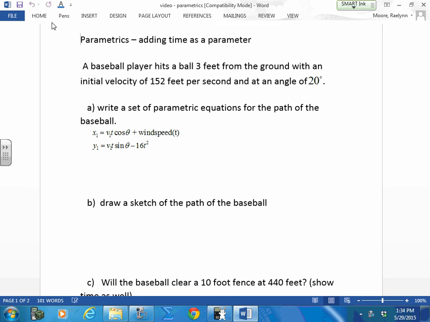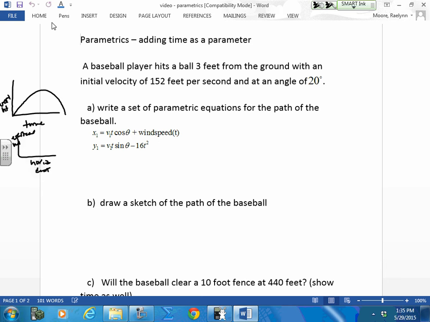In the past, when we had a baseball player hit a ball or we threw a ball, we could either make a parabola, follow the quadratic, and chart time and vertical height, or we could chart horizontal distance and vertical height, but we couldn't chart time. So what we want to do today is throw another variable in there, such as time, make it a parameter, and we can watch both the horizontal distance and the vertical height change as a function of time.